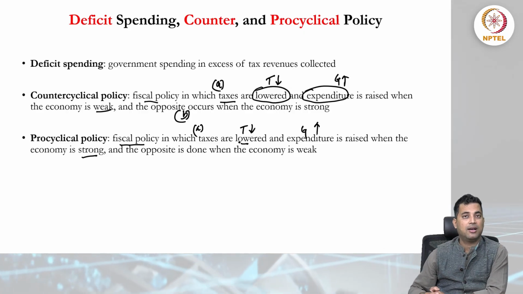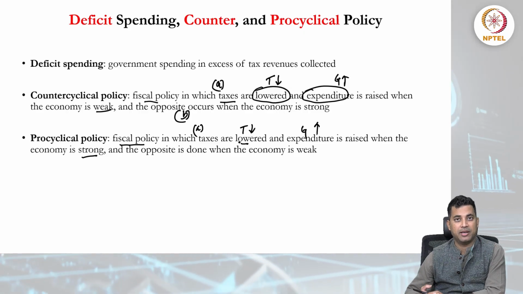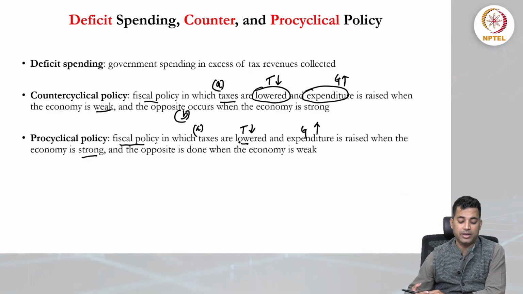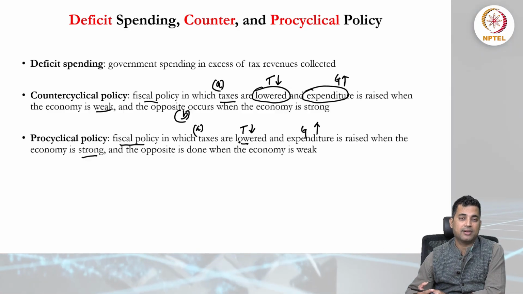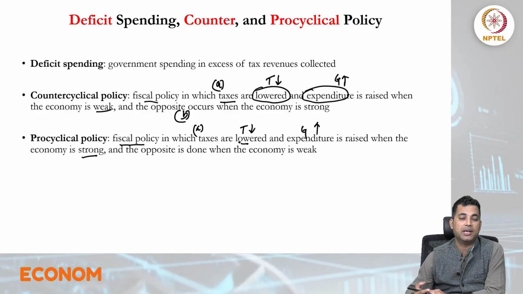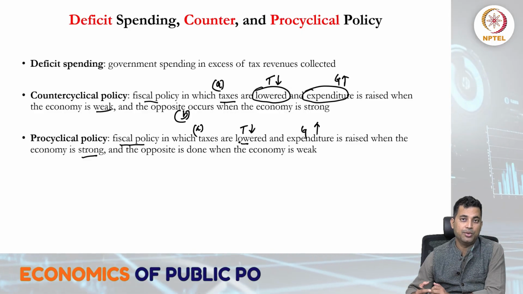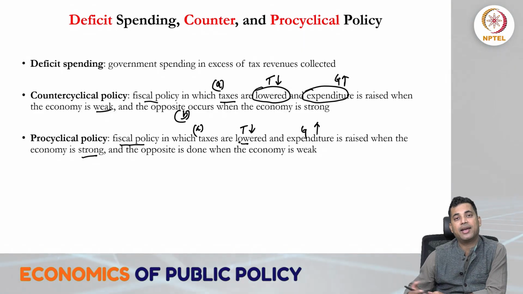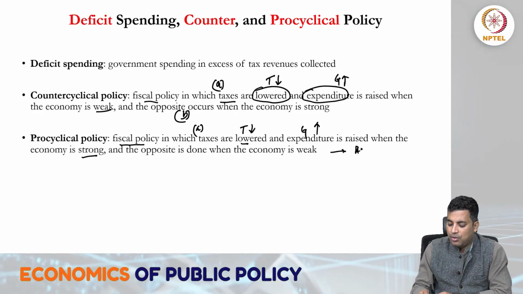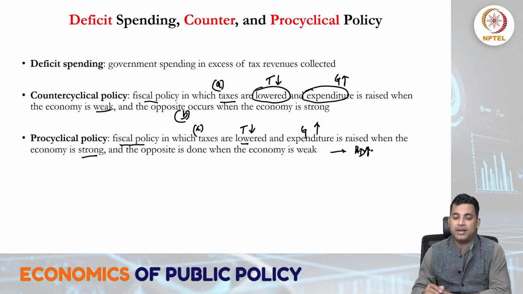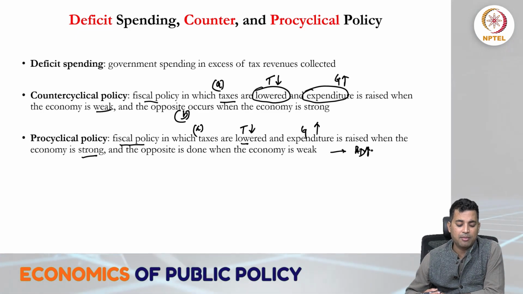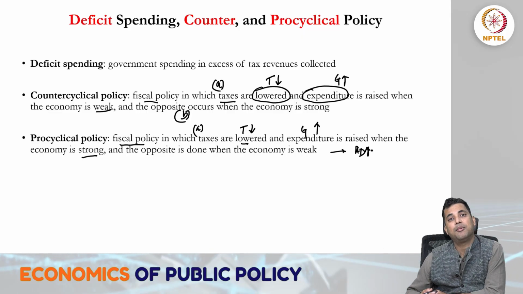When the government has resources, it is supposed to spend more, and tax is lowered, to encourage small, medium and large businesses to invest more and more. The ultimate objective is to increase overall aggregate demand, which can be raised through either counter cyclical or pro-cyclical policy.